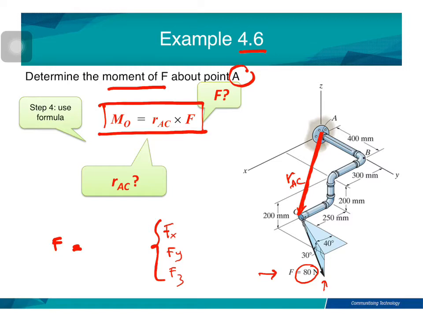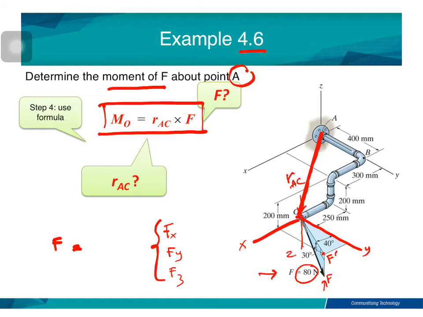So now this is our Z, this is X and this is Y. We can say that this plane is the F prime, right? Because we need to resolve this F to this F prime, because we need to resolve into Y and X here. So now what is the F prime?